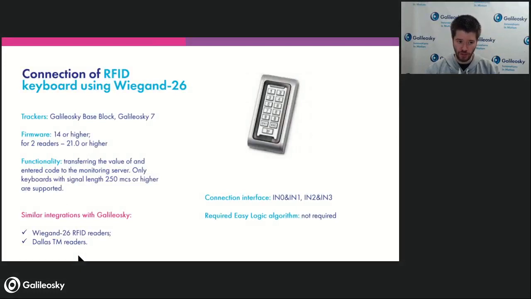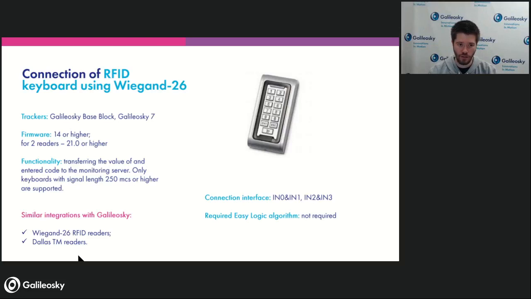One of new integrations that we haven't done yet is that we can now work with different keyboards using VIN 26 protocol. So this is RFID keyboards that can be both a RFID reader and a keyboard, or just keyboard. They send to the tracker signal in a form of VIN 26 protocol signal, sending the code that the person is entering.